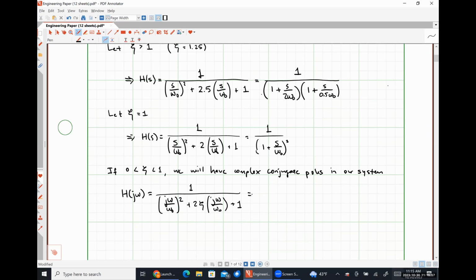We know that j squared is equal to negative 1. So really this is going to look like 1 plus j times twice zeta omega over omega naught minus omega over omega naught squared, and that's my denominator.